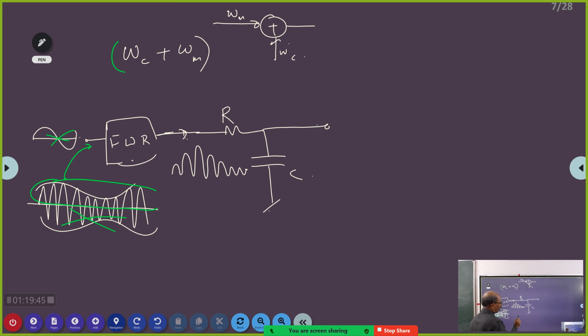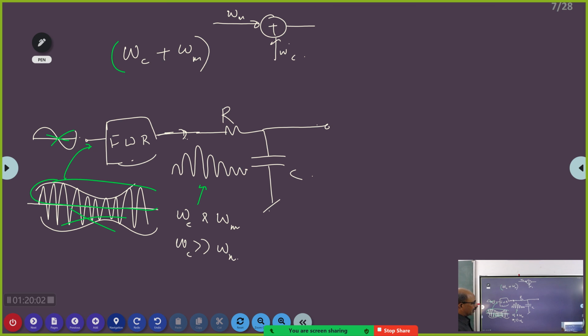So if you carefully observe this, this signal has got two components. Which are the two components? One is omega c and the other one is omega m. And omega c, as I told you, is very much larger than omega m. Got it?